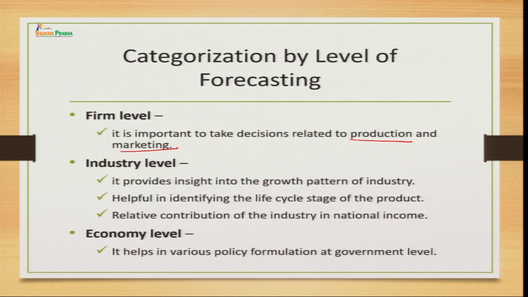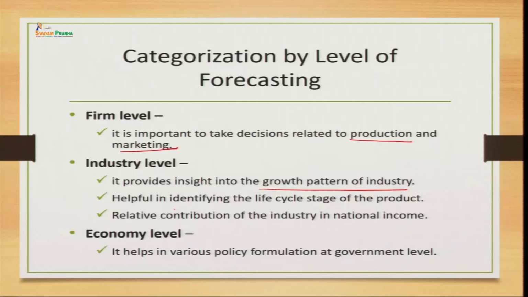Then the forecasting can be done for the industry level also. Firms, the group of firms working in the same product line, comprise an industry. So, demand forecasting can be done for a particular industry also, and this will provide insight into the growth pattern of the industry, how the industry is growing, whether everybody likes the product being produced by the industry.